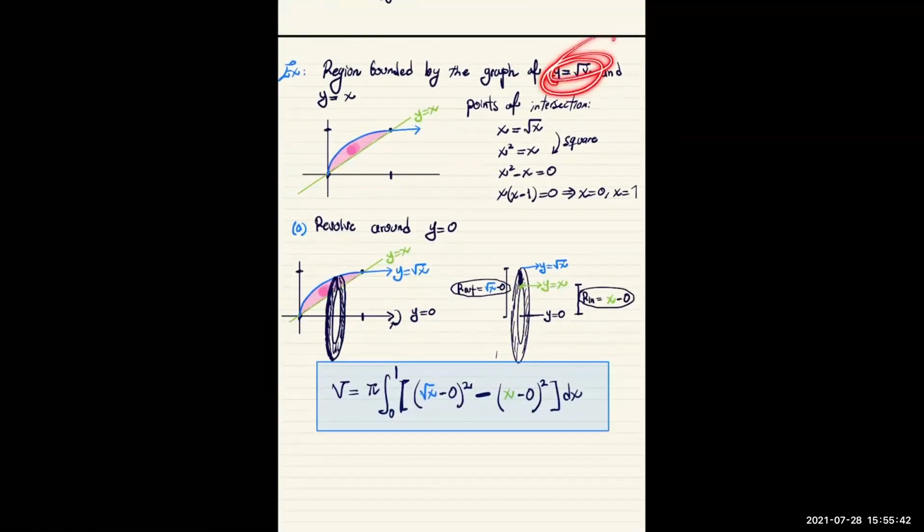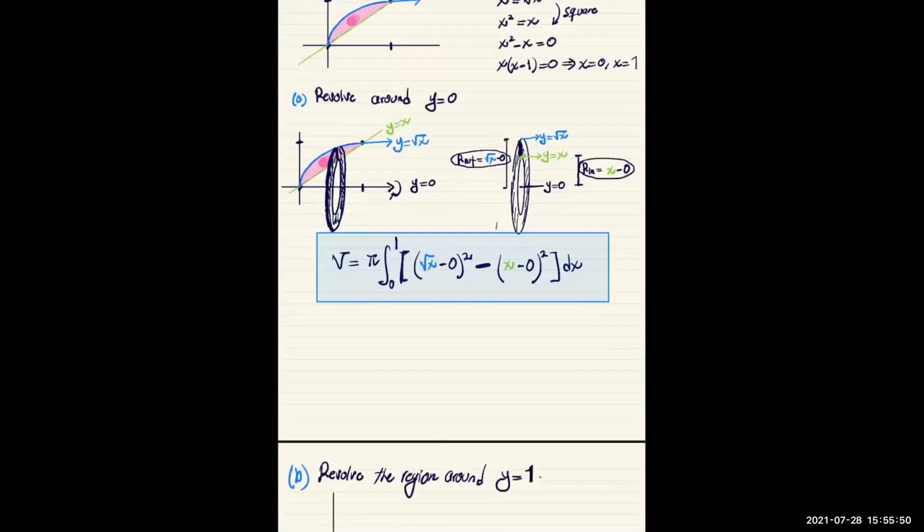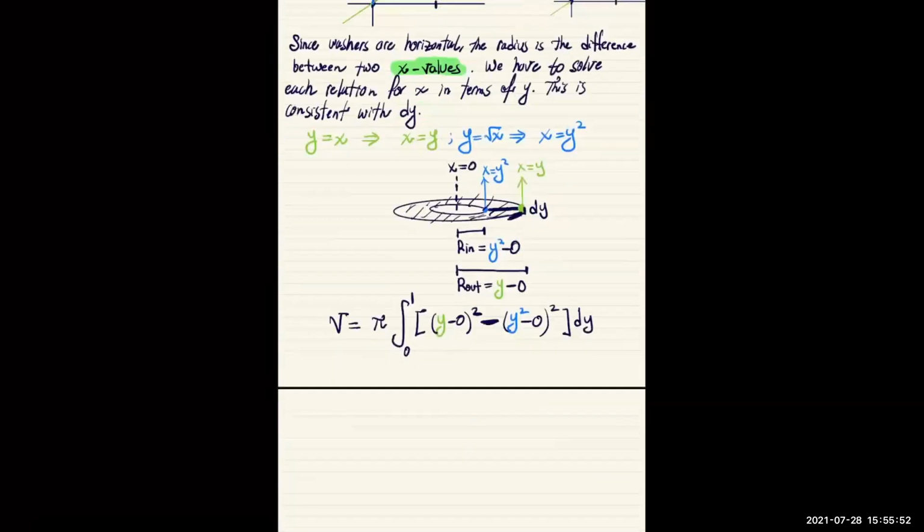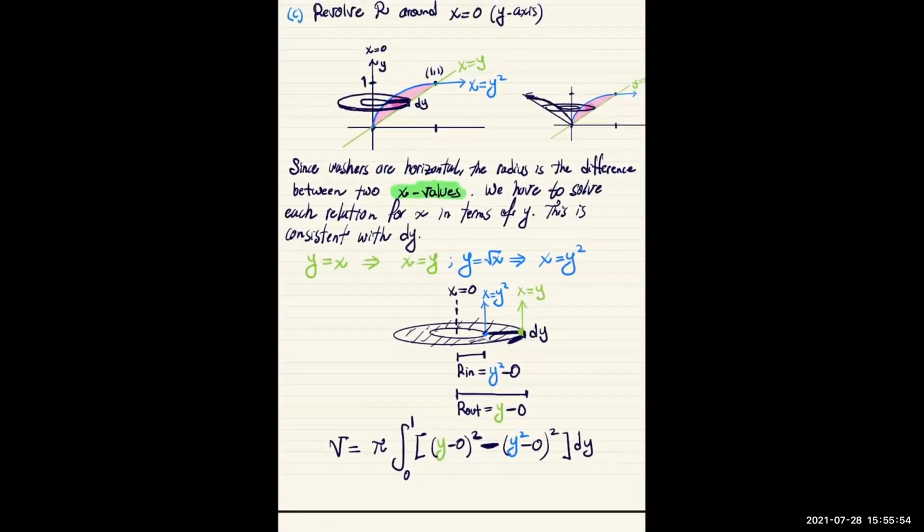You have y equal to root x. Well, not bad. y equal to x. If the functions are functions of x, we wouldn't like this part of the problem. For this problem, it was very easy to solve each of these equations for x. All you had to do here is square to get x in terms of y.